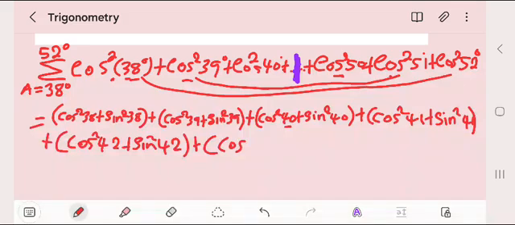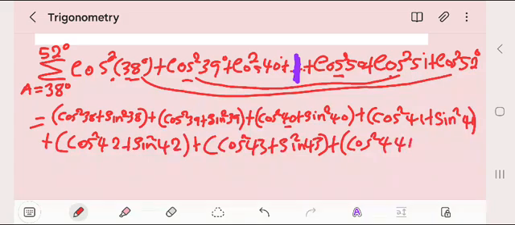See the pattern, cos 43, you see, squared plus sine 43 squared. 43 squared plus, as you can see, the pattern cos squared 44 plus sine squared 44, right?